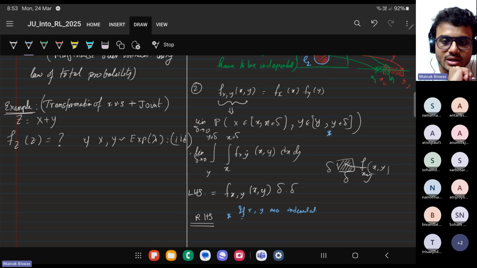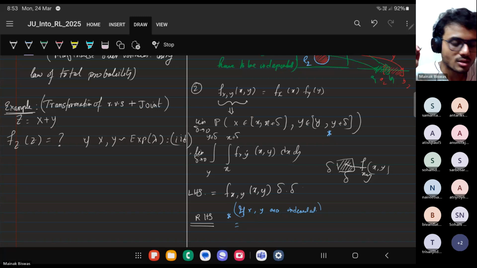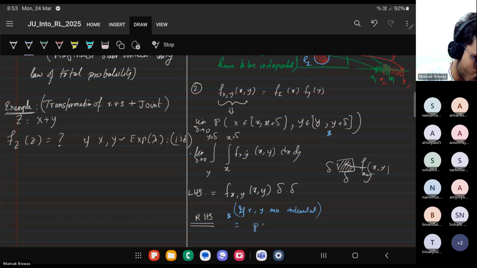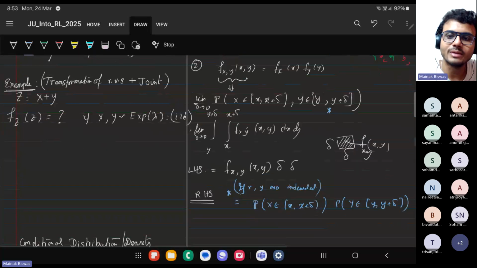If X and Y are independent, they will product out, right? Similarly, as we did in the previous question. f of x, f of y into delta square. Correct. This will also product out because they are independent. We saw all the pre-images will be independent.